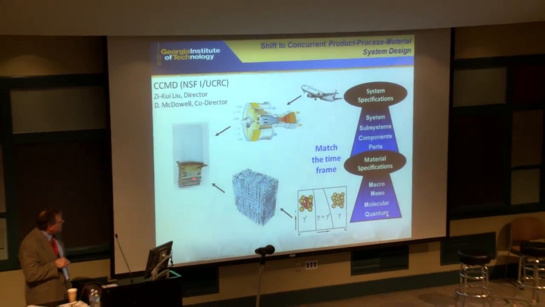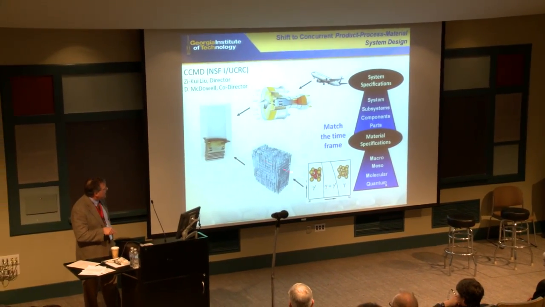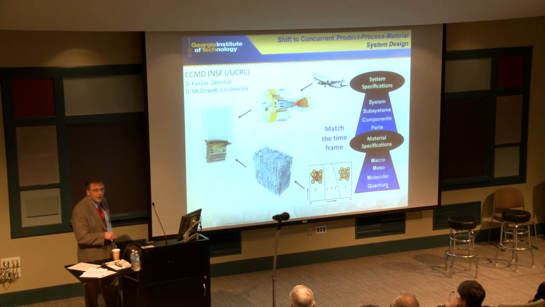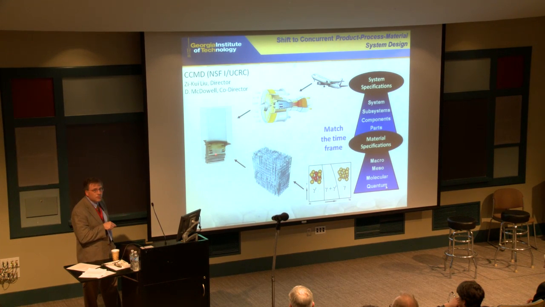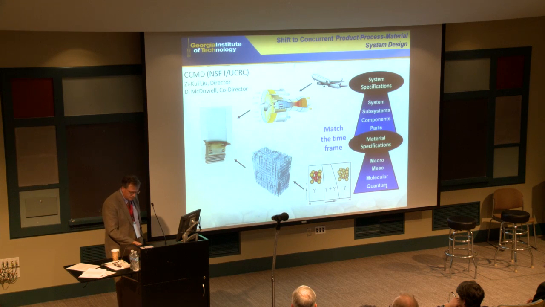So you could think of this hierarchy of scales going from atomic structure through microstructure to the component or part level as being the extension of the already existing design methodology down to finer scales.